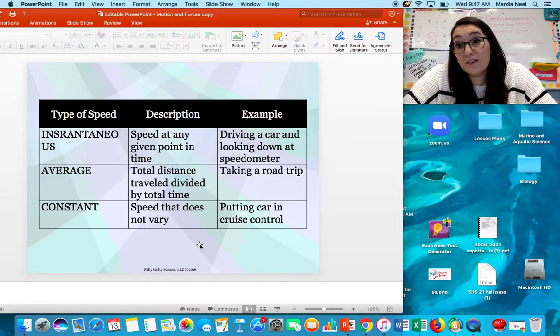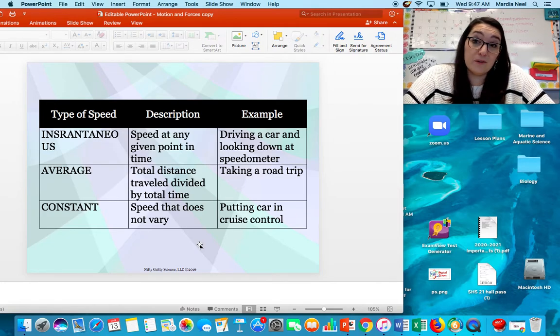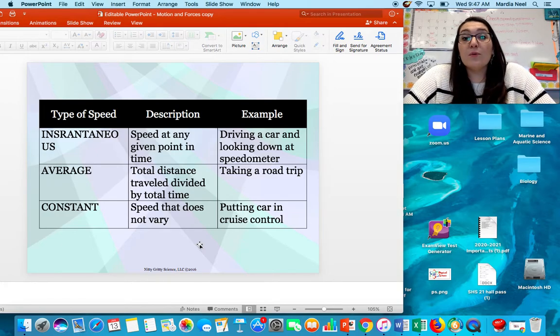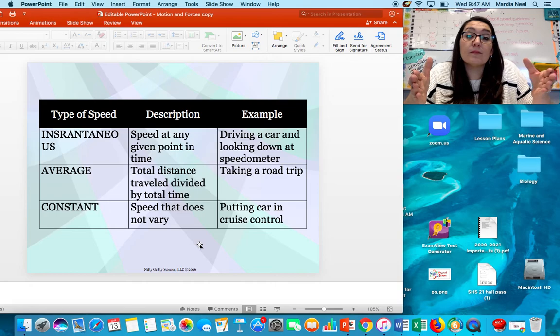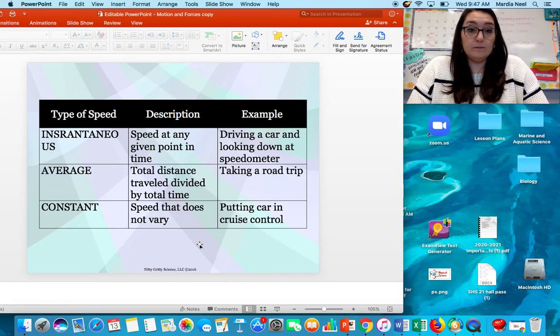You might have ran for a little bit. You might have sat for a little bit. You might have walked for a little bit. So that 1 mile per hour is an average speed. It took you 1 hour to get that 1 mile. So on average, the total trip took you at 1 mile per hour.